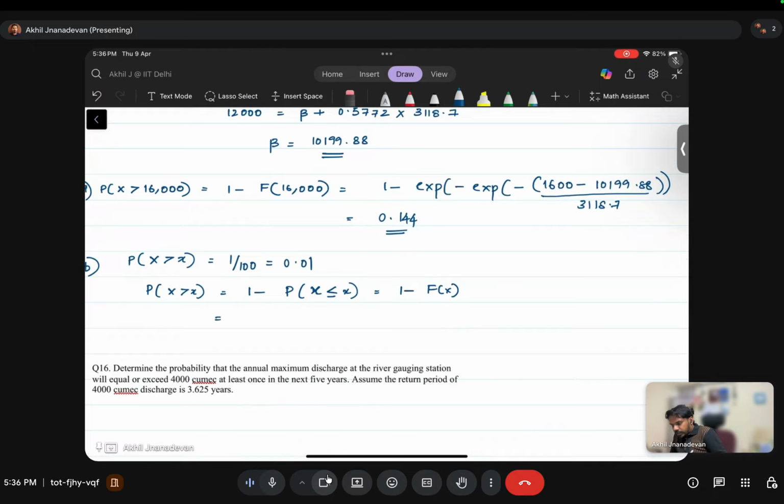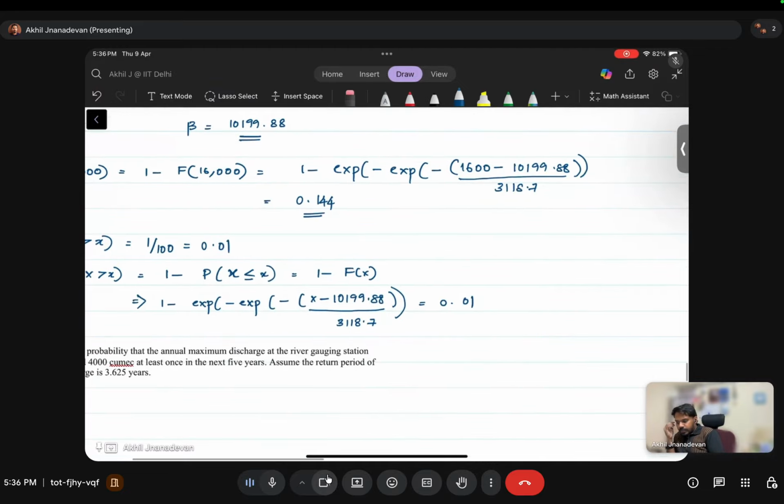So we can write it as 1 minus exponential of minus exponential of minus (x minus beta) by alpha, and this will come out to be 0.01.